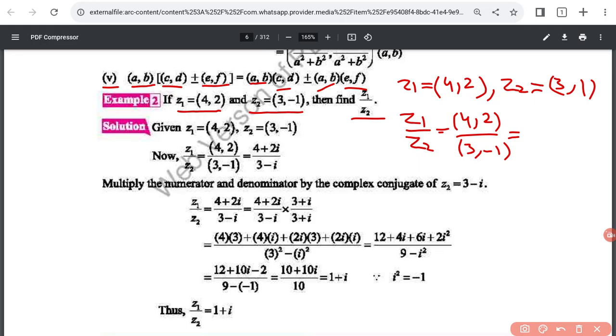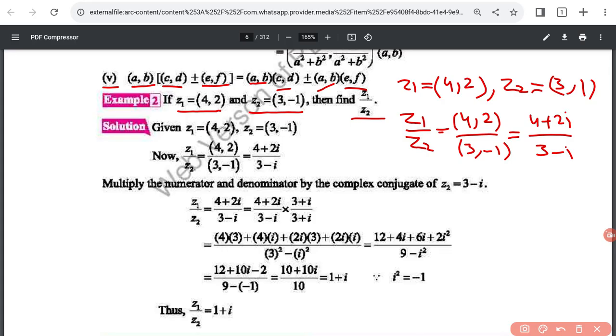It can be written as (4 plus 2 iota) over (3 minus iota). Now we multiply numerator and denominator by the complex conjugate of z2, that is 3 minus iota.